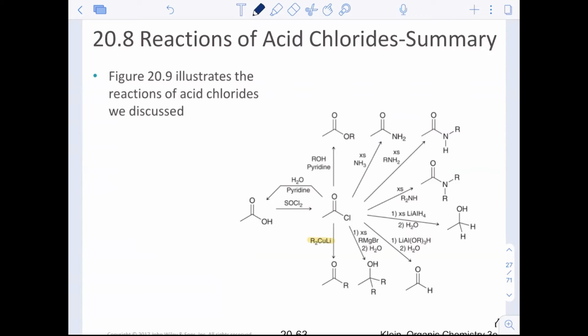They do not react with aldehydes or ketones. So they can react once and do a substitution reaction, but they do not continue to do the addition reaction. Very, very similar to the use of the lithium derivative that is the more mild hydride reagent. This is the mild hydride reagent. This is our mild carbon or carbanion reagent.